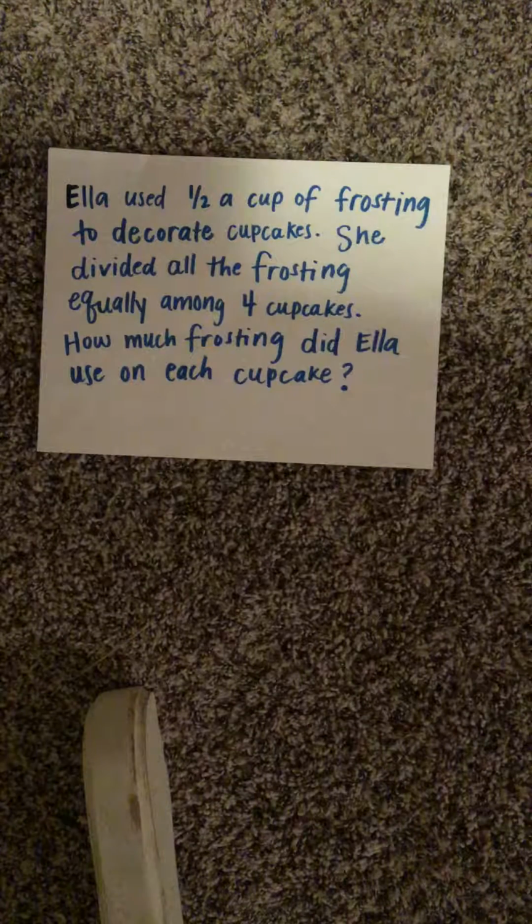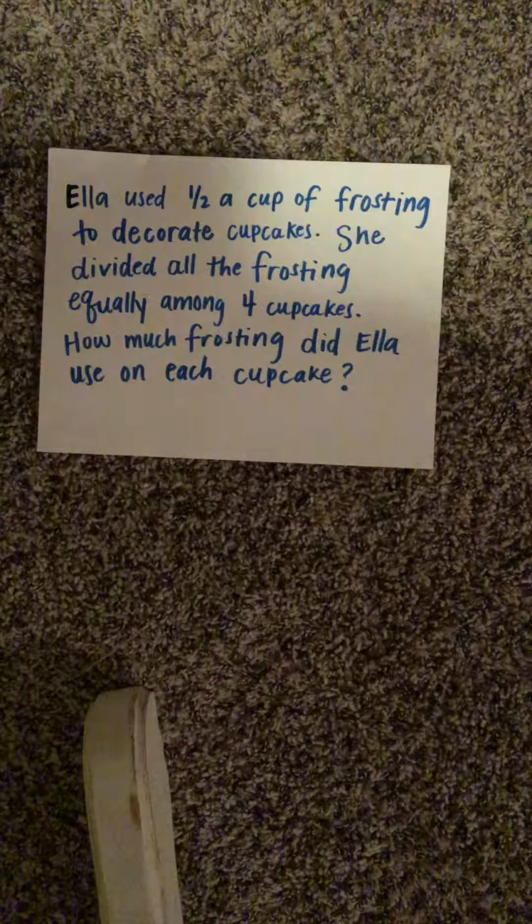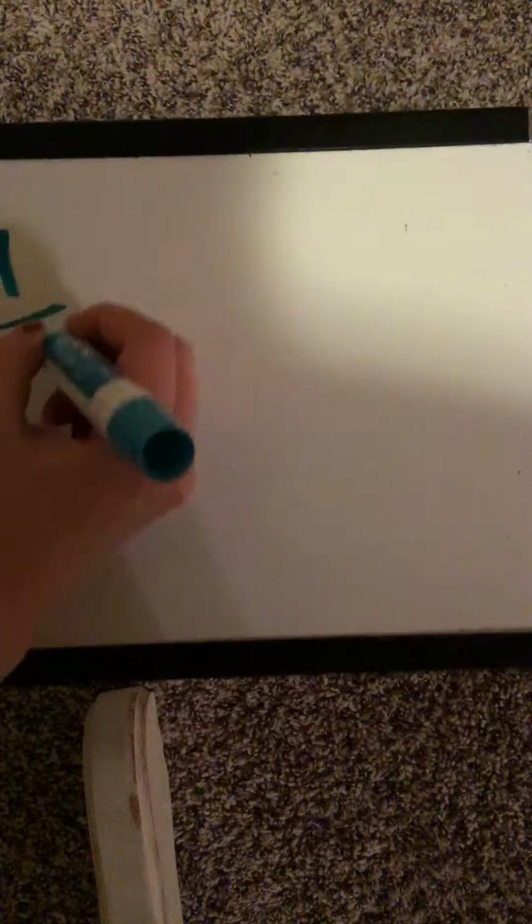So I want to go ahead and start by defining what a unit fraction is. So basically we have here 1/2, and that is our number we will be working with today.